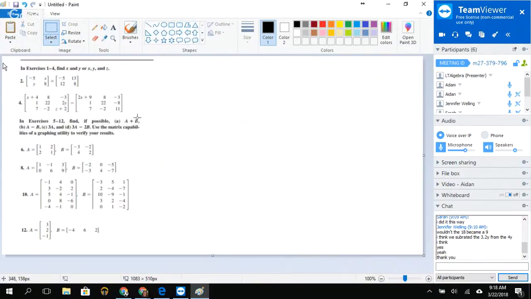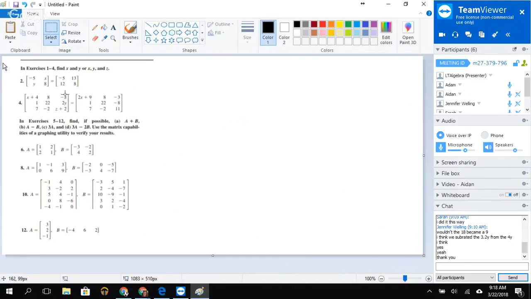Okay, so these first two problems, I think they make sense. It's basically the definition of when two matrices are equal to each other. In order for two matrices to be equal, they have to have the same order, the same m by n. So you can see here that number 2 and number 4 are two matrices. This one is a 2 by 2 matrix equals a 2 by 2 matrix.